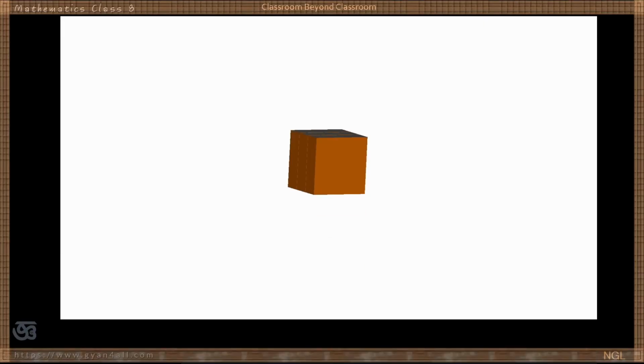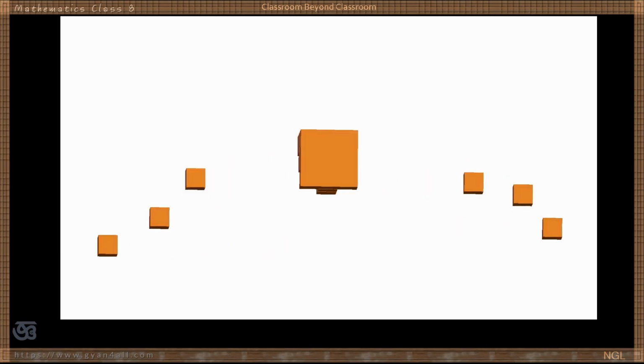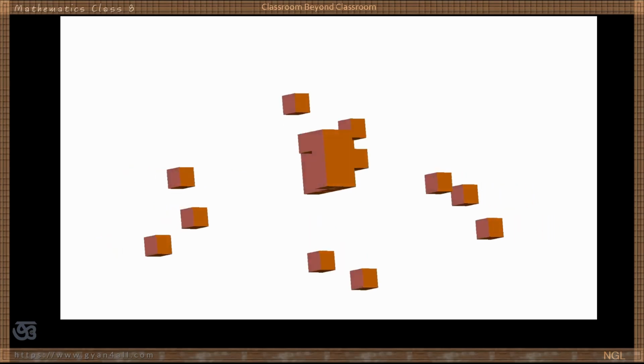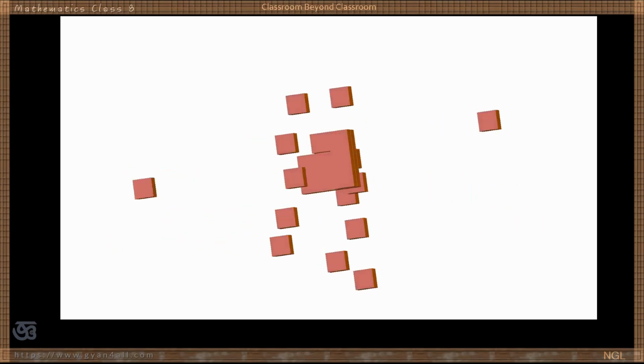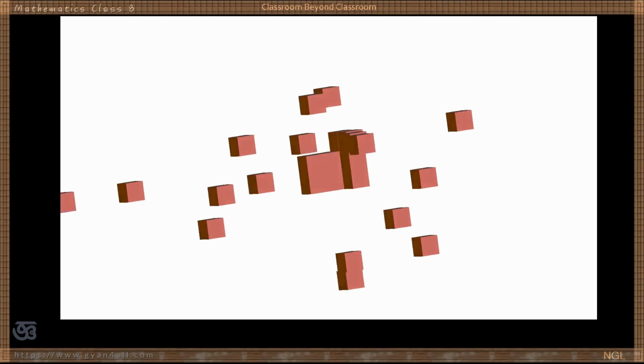Now the concept of unit cube. This is a cube, and you can imagine this cube to be made up of many small cubes. And if each small cube is a unit cube, then you can say that this whole cube is made up of some unit cubes.